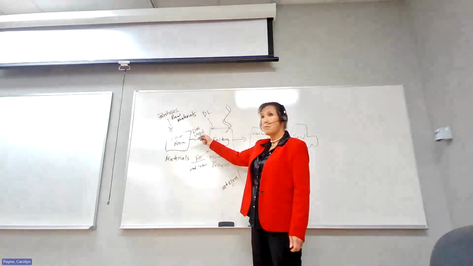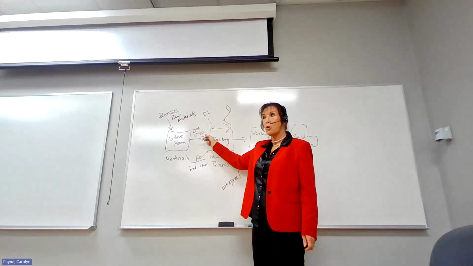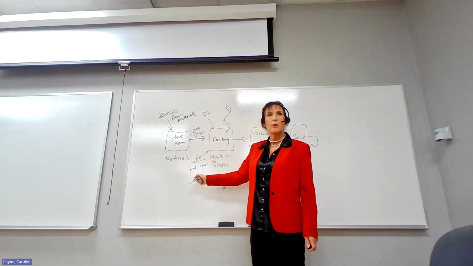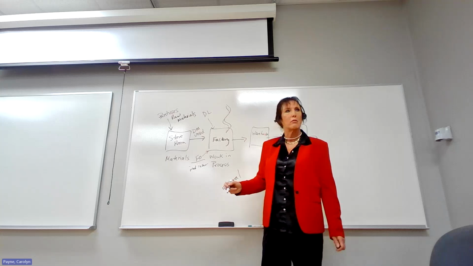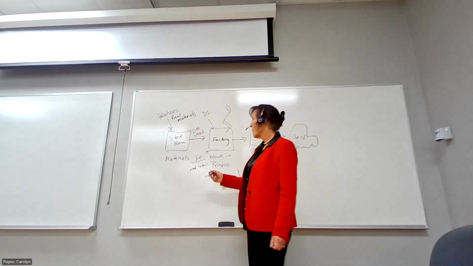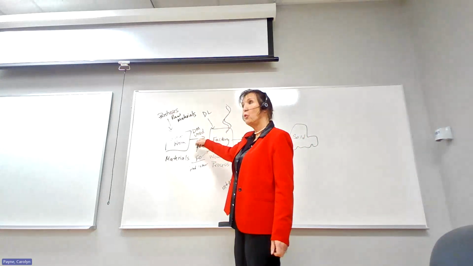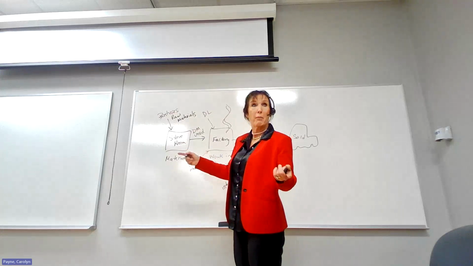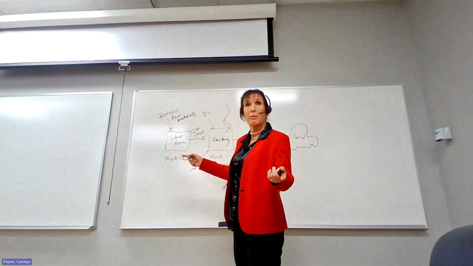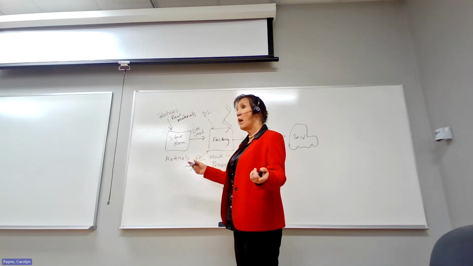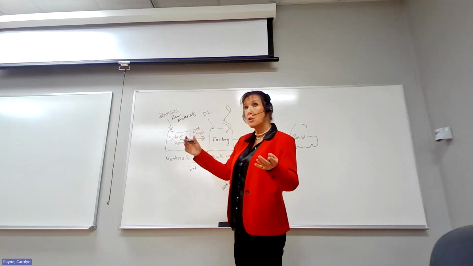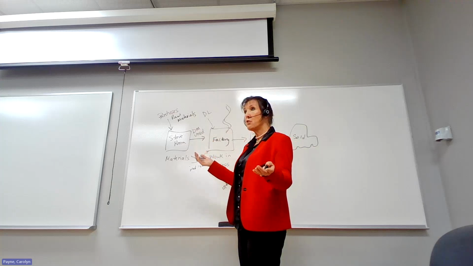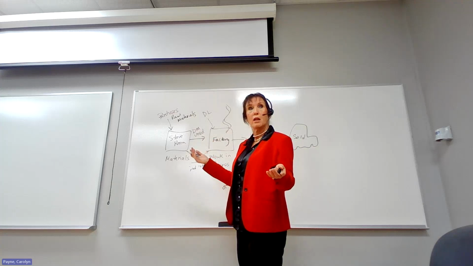So if direct materials is a separate category, indirect materials and indirect labor must fall into factory overhead. Okay, does that make sense? So if we have glue that we're using in the factory, cleaning supplies, right? Toilet paper, humans have to have toilet paper, right? Clean rags for cleaning machines, oil for the machines. Can you think of any other indirect material that we use in the factory?